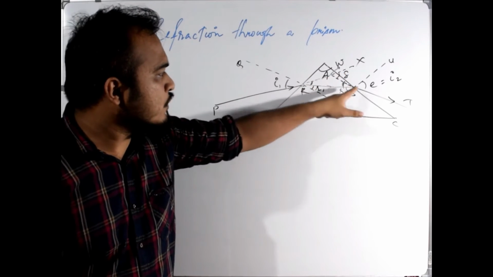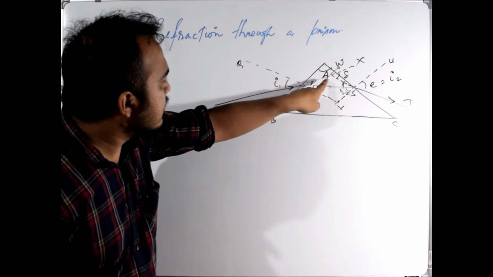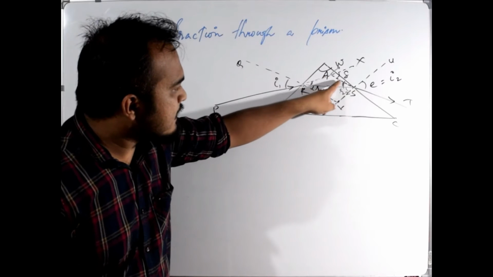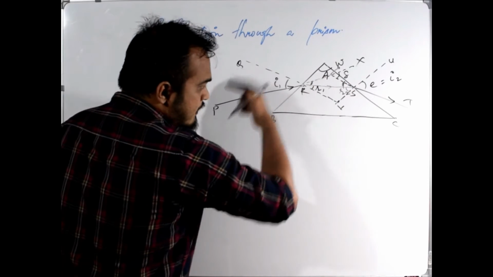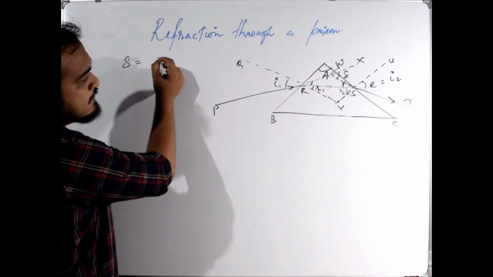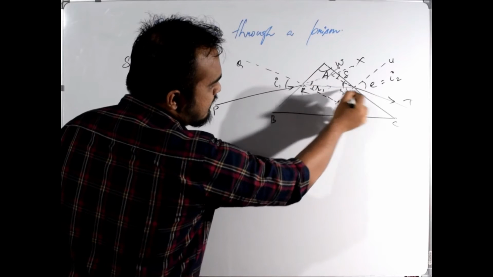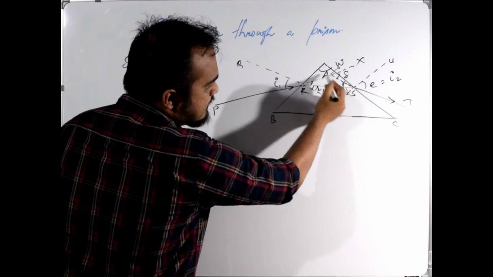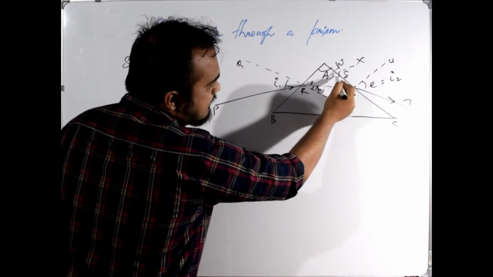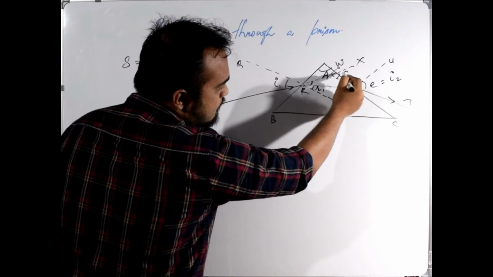So in this diagram we can say delta is equal to angle WRS plus angle WSR. Because in this triangle WRS, if we have extended this side, there will be an angle over here.